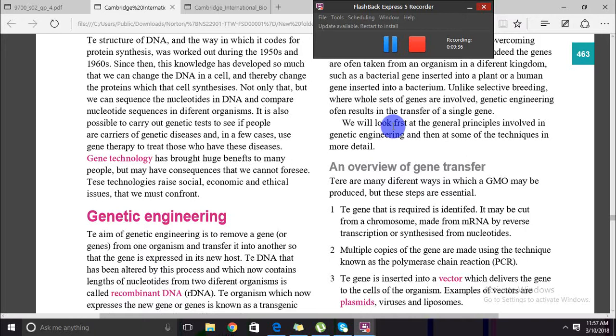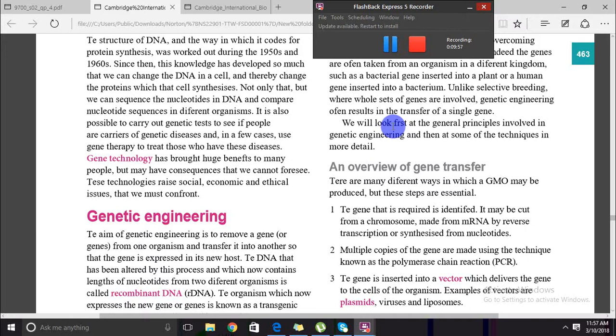And the DNA that has been altered by this process and which now contains lengths of nucleotides from two different organisms is called recombinant DNA, and it is actually mentioned in the learning outcomes that you need to be able to define recombinant DNA.